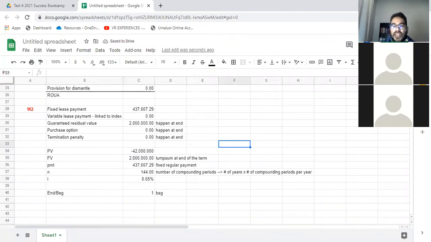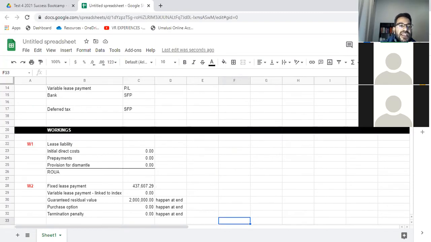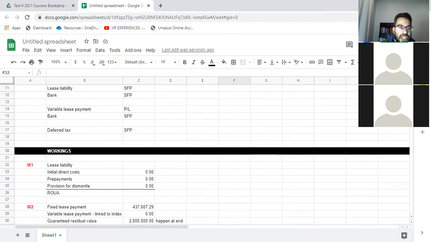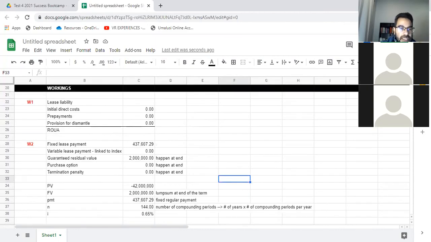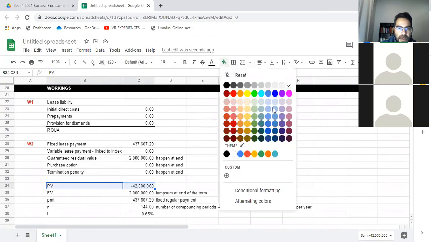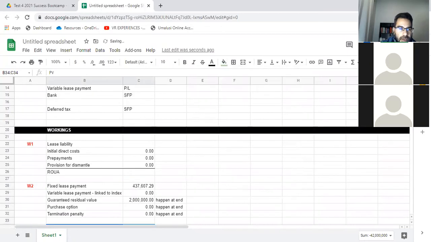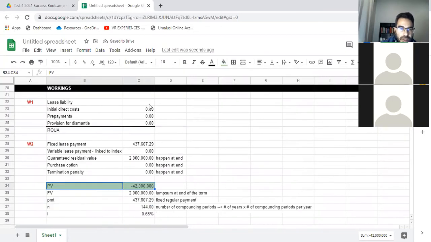Now remember, the guy already recognized something, so we just need to take in the difference. So the lease liability is 42 million. Over here, the right-of-use asset is going to be 42 million.